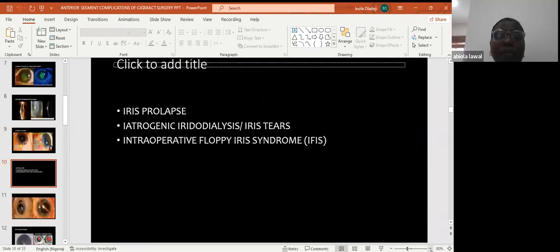So I'll talk about iris-related complications that can occur intraoperatively. Iris prolapse can occur in isolation and can be part of the intraoperative floppy iris syndrome. So patients who are predisposed to having this iris prolapse intraop, like obese patients with short neck, have this positive vitreous pressure that makes the AC shallow and pushes the iris out.